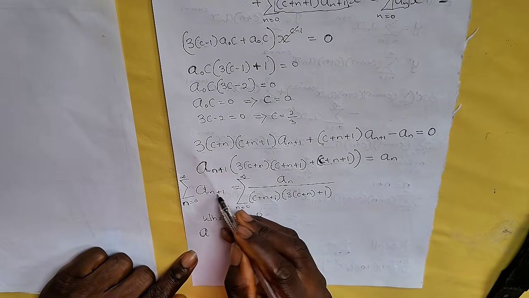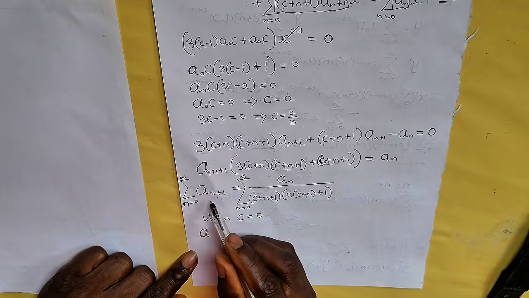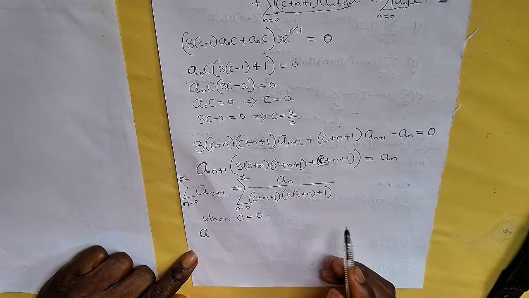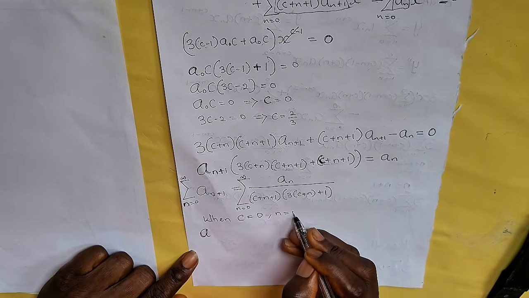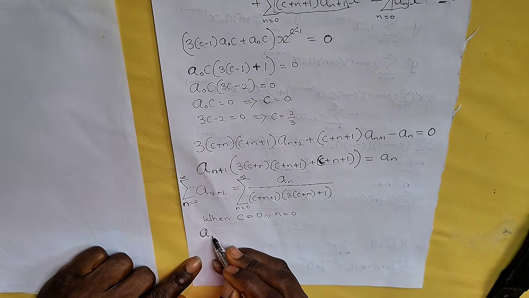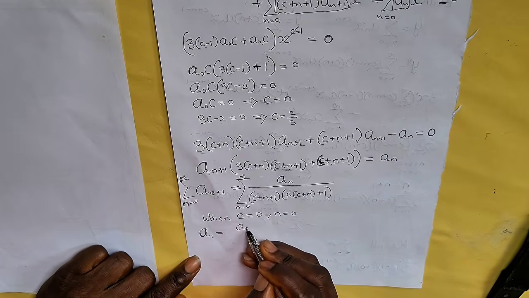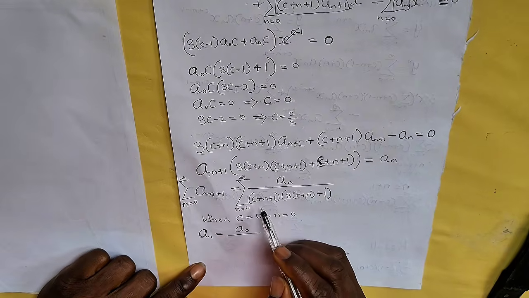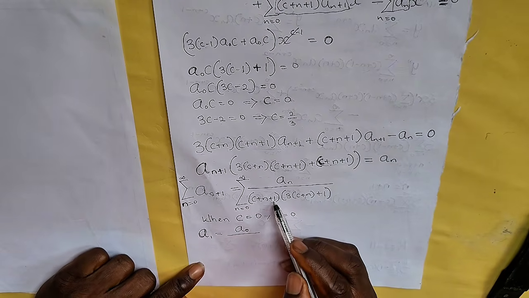We have 0 plus 1, right? n equals to 0 plus 1 because n is starting from 0. Anywhere I see n now, I want to put 0 first. So I'm going to say when c is equal to 0 and n equals to 0, this will be a1 equals to a0 divided by, so when I put 0 plus 0, 0, this is left with 1.